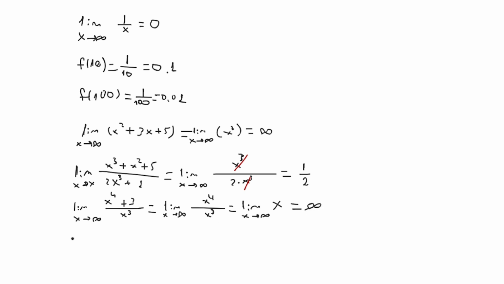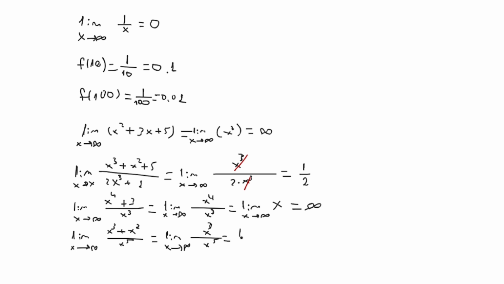Now one more example. x approaches infinity. Here, let's say x cubed plus x squared over x to the power 5. The highest power of x in the numerator is x to the power 3, so we are only left with x to the power 3. We are only interested in x to the power 3 in the numerator because it's the highest, and x to the power 5 in the denominator.